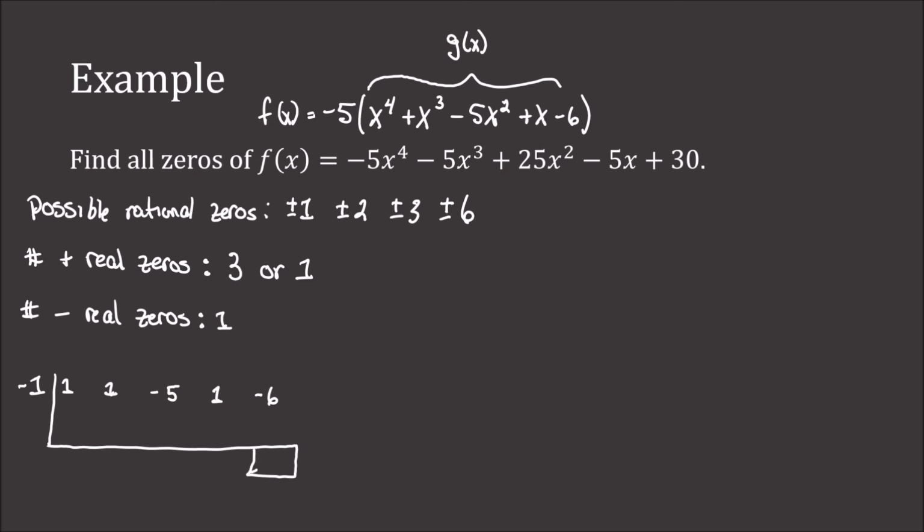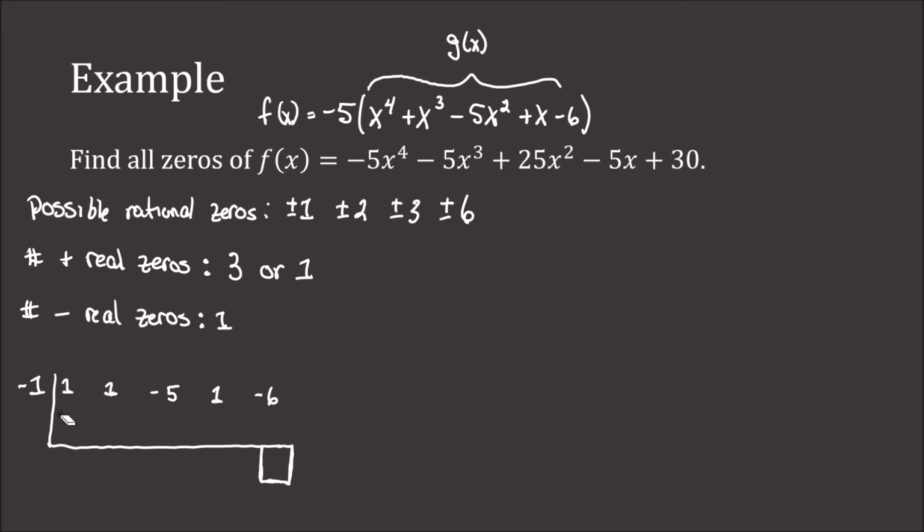And again, we want this last term to be 0. 1 times negative 1 is negative 1, plus 1 is 0, minus 5 is negative 5, times negative 1 is 5, plus 1 is 6, times negative 1 is negative 6. That's not going to work. So we know negative 1 can't be a 0.